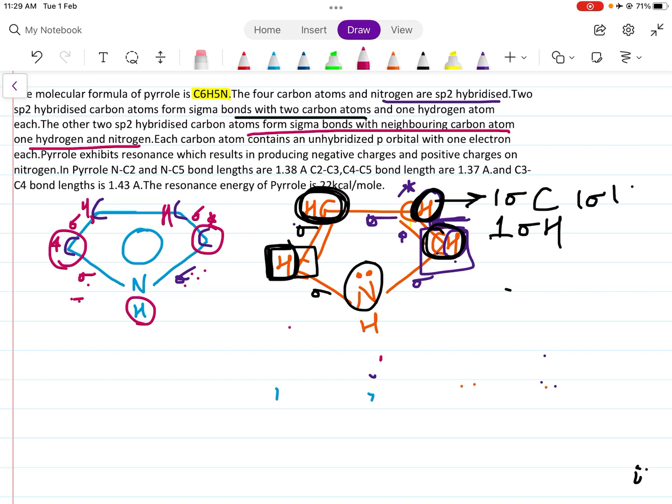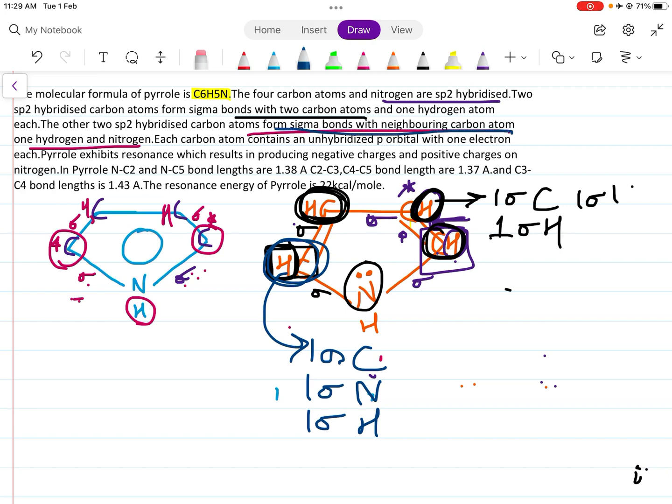But this carbon atom will form 1 sigma with the neighboring carbon atom, 1 sigma with the nitrogen, and 1 sigma with the hydrogen.